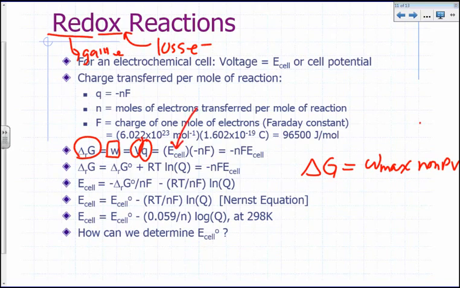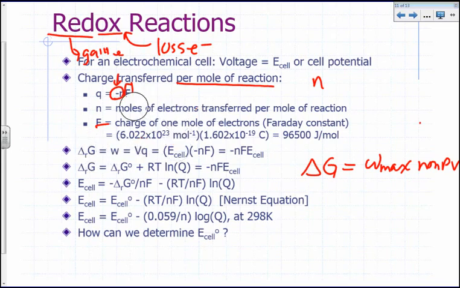The charge that's transferred, let's do this per mole of reaction. Let's say you have n moles of electrons transferred when 1 mole of reaction occurs, then the charge transferred would be negative nF, negative because the charge of the electron is negative, and F here is the Faraday constant. That's the charge of 1 mole of electrons.